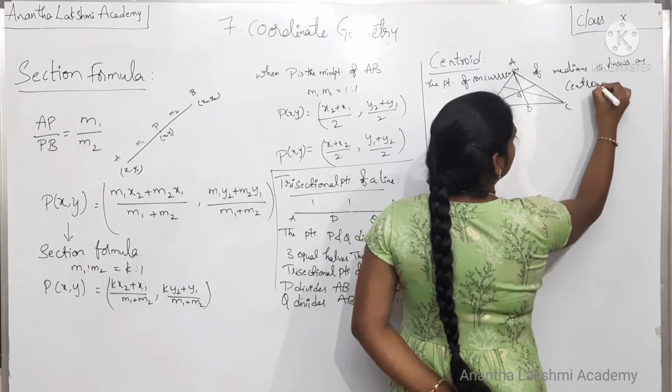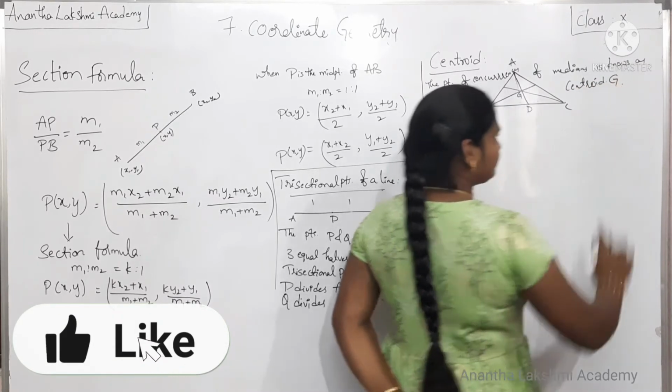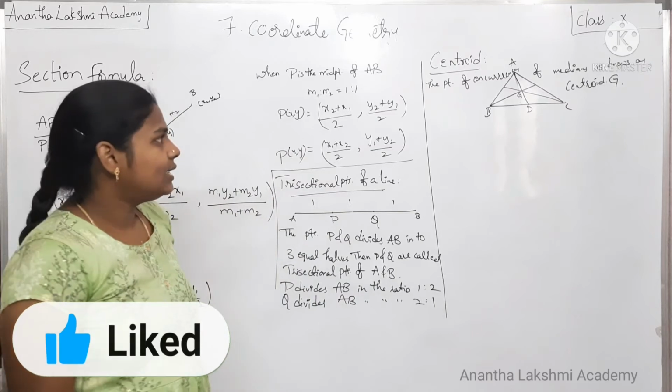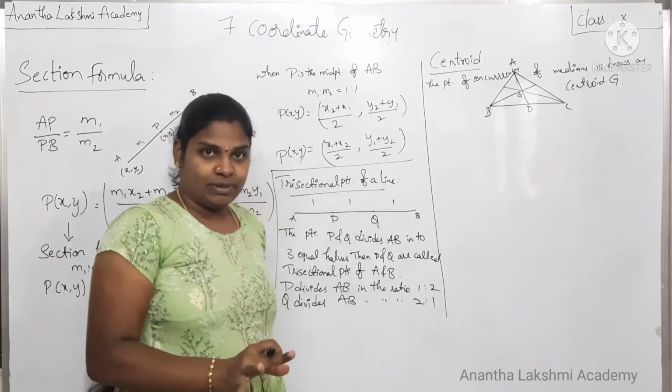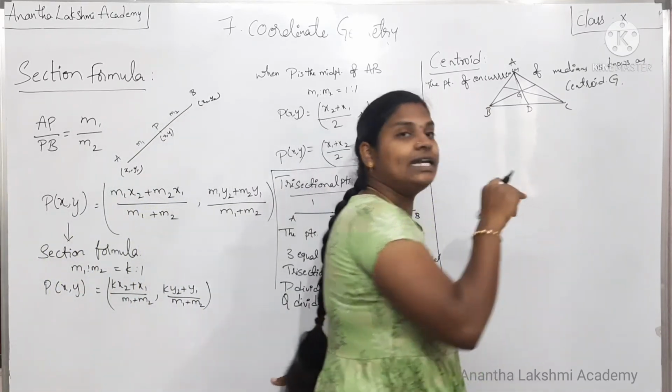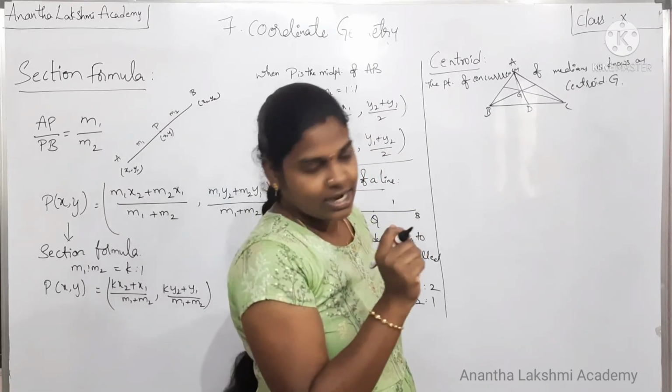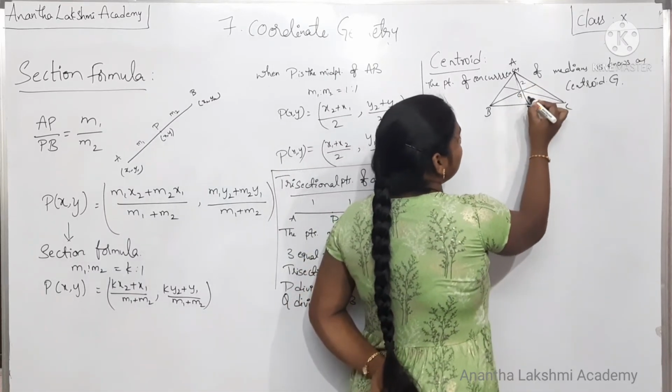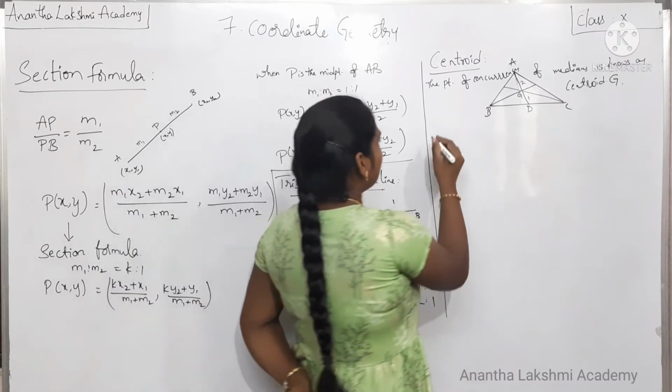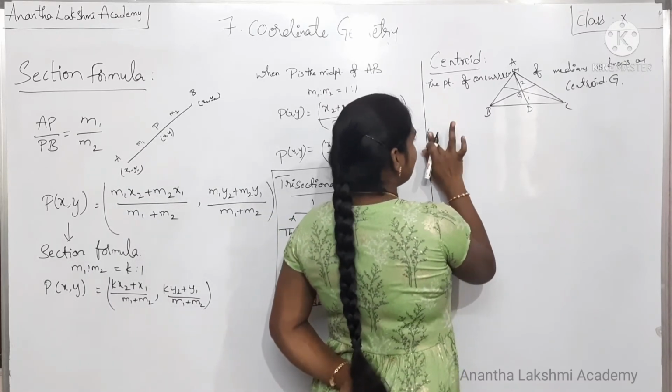Centroid is denoted with capital G. Now one more thing which we need to remember is that the centroid divides the median in the ratio 2:1. Centroid is nothing but G, right?